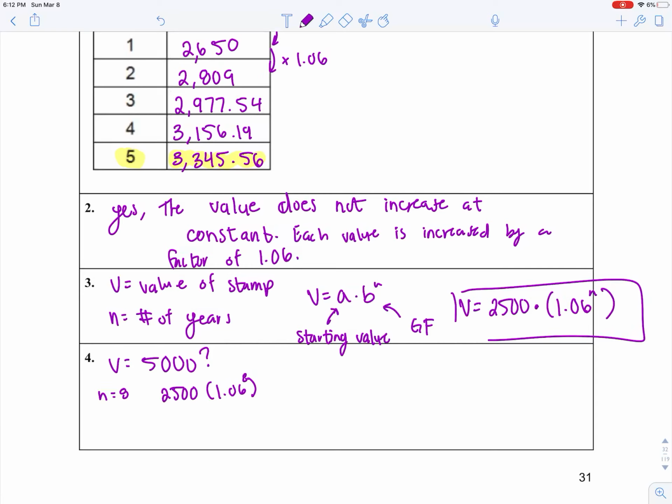So 1.06 to the 8th power times 2,500, and that's approximately 3,084 and 62 cents. Okay, still too low. Let's try 10. So 2,500 times 1.06 to the 10th power.